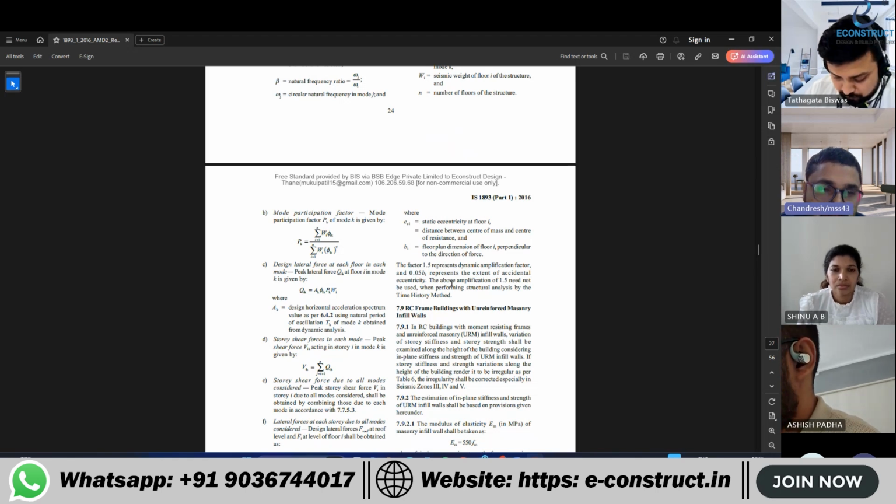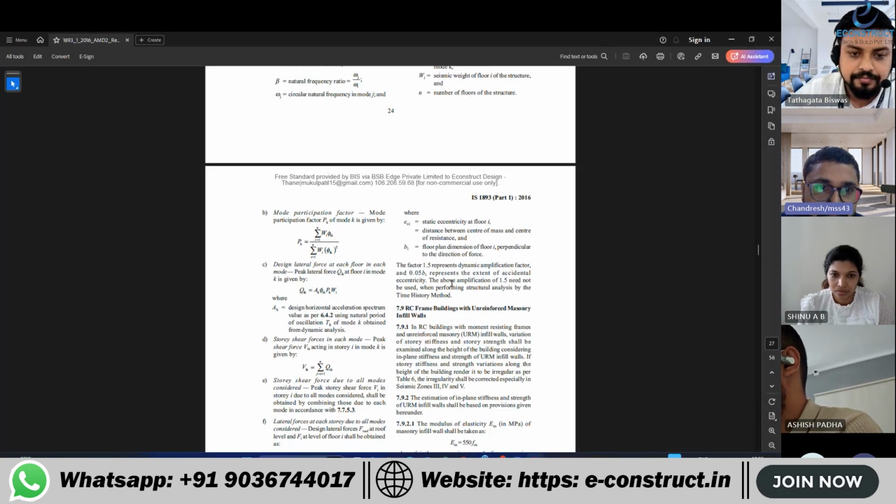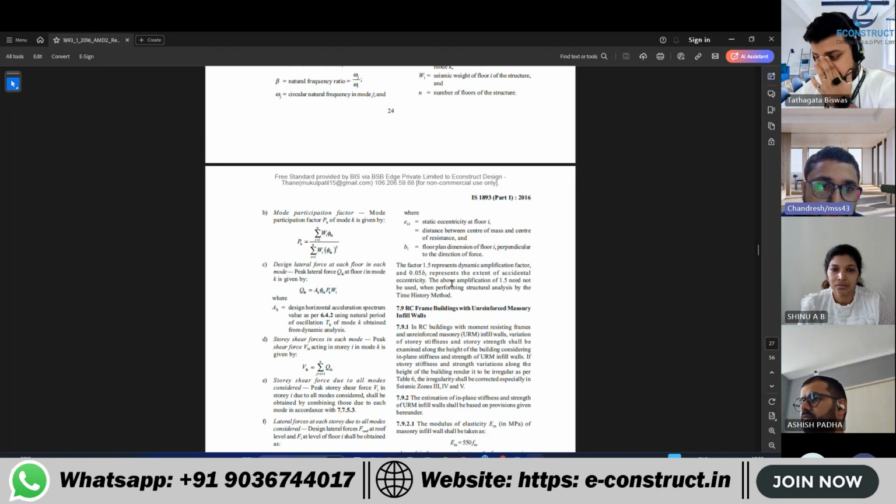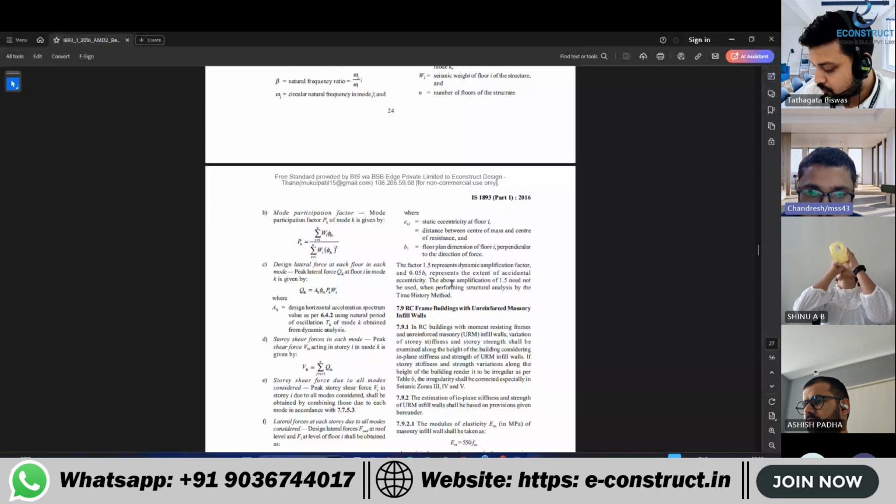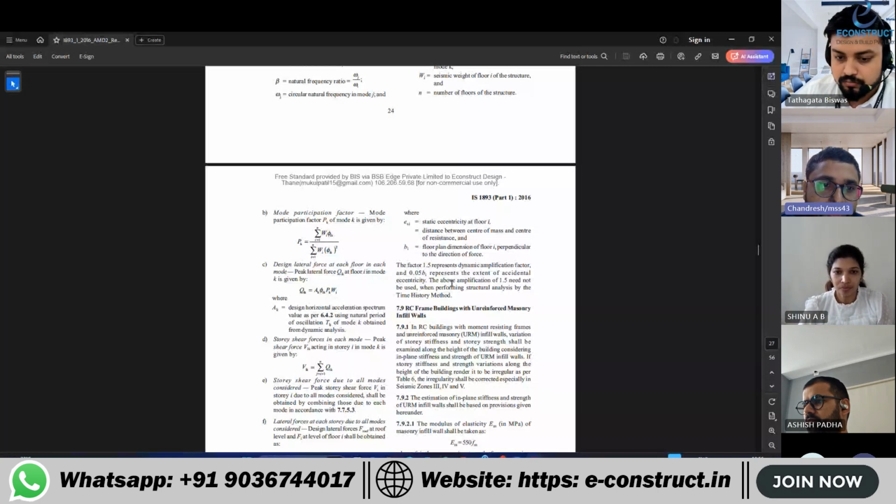Peak lateral force Qik at floor i in mode k is given by this, where Ak is the design horizontal acceleration spectrum value as per 6.4.2 using the natural period of oscillation Tk of mode k obtained from dynamic analysis. D. Story shear force in each mode. Peak shear force Vik acting in story i in mode k is given by this formula.